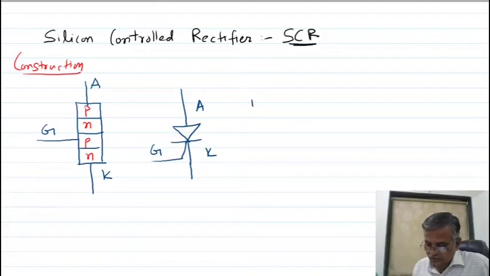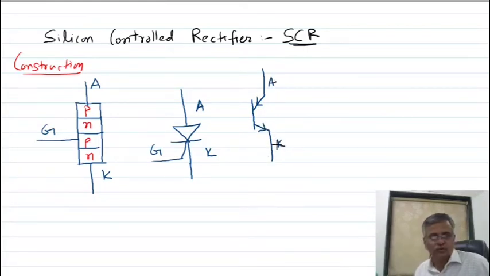Sometimes they show it also like this, with anode and cathode, meaning that current flows only in one direction from anode to cathode. Most important thing, SCR will conduct only when anode is positive with respect to cathode.